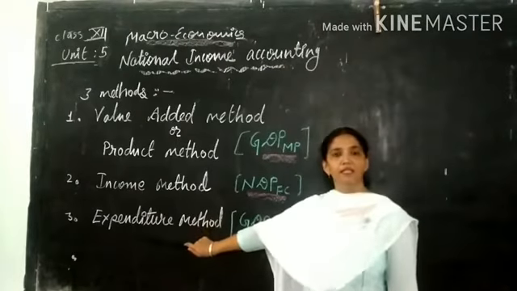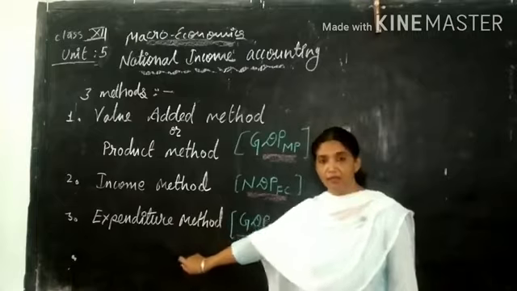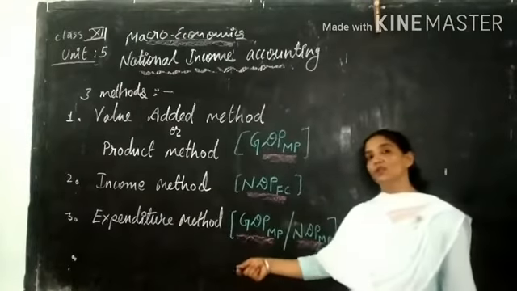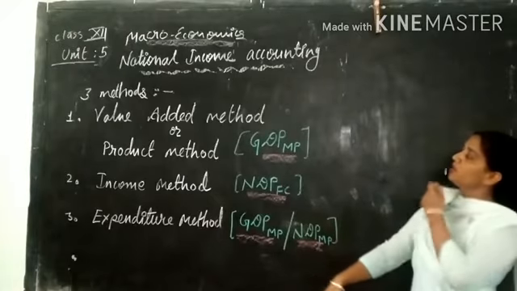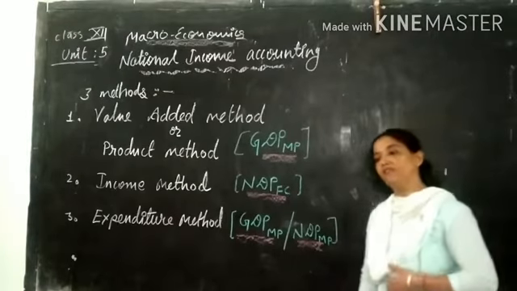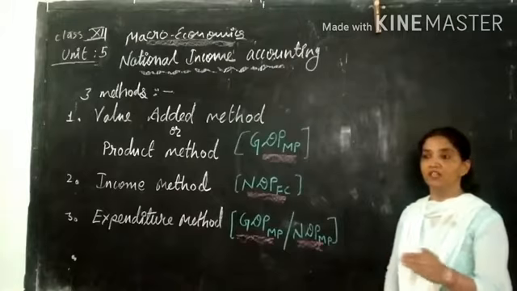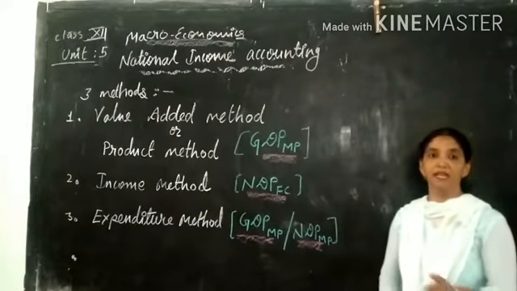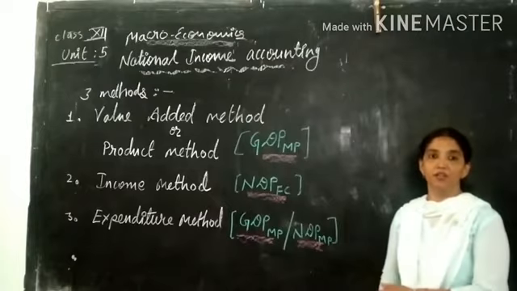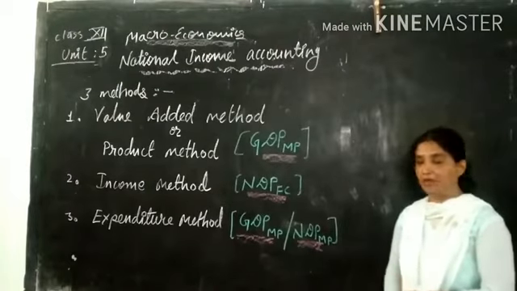Third method is expenditure method, also known as total outlay method. We also discussed different national income aggregates like GDP, NDP, GNP, NNP, GDP at factor cost, GDP at market price.